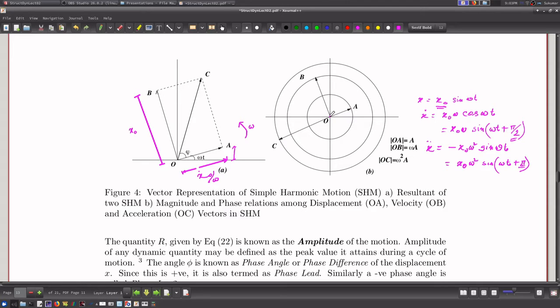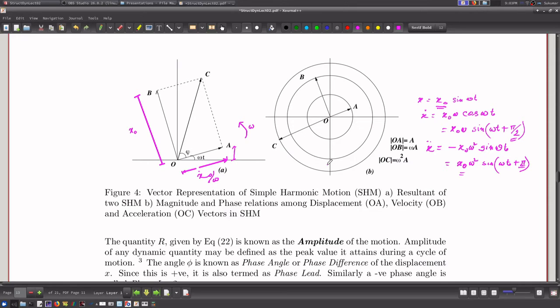For the second, this is my radius, omega into x naught, so the length of this vector OB is omega a, and the length of this vector OC is omega square a. We have already seen, if this is a, if this is x naught, then omega square x naught, right?